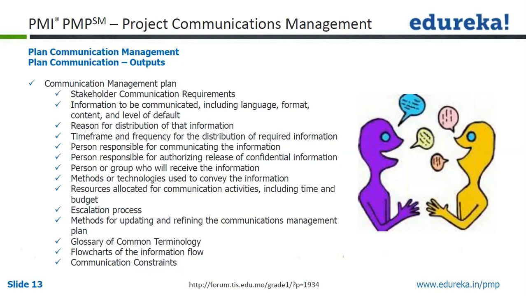Reason for distribution of that information, time frame and frequency of distribution, person responsible for communicating the information, person responsible for authorizing release of confidential information, person or group who will receive the information, methods or technology used to convey the information, resources allocated for communication activities including time and budget, escalation process, method for updating and refining the communication management plan, glossary of common terminology, flowcharts of the information flow, and communication constraints. These all will be part of the communication plan.